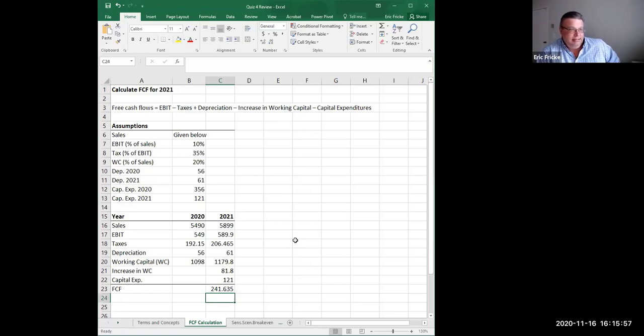I see Yama said Tesla got added to the S&P. Yeah, if any stock gets added to the S&P, the price goes up. And the reason the price goes up is because of all those mutual funds and exchange traded funds, those index funds, those S&P 500 index funds.